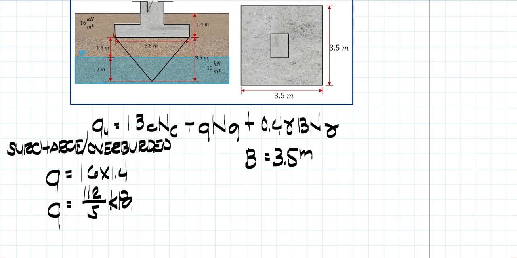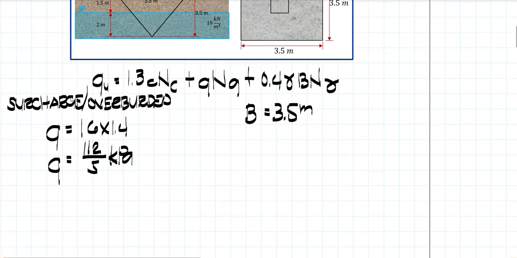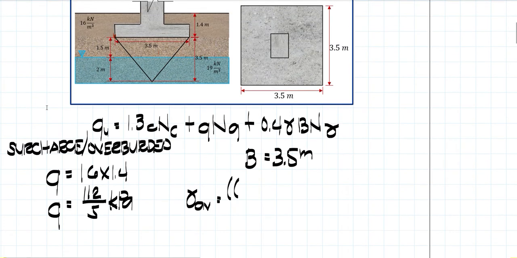That means gagamit tayo dito ng gamma average, which is para siyang Varignon's theorem. So that will be gamma average, which is equivalent to, yung first soil which is dry, may height yun na 1.5 and ang unit weight nun is 16. So that will be 16 times 1.5.